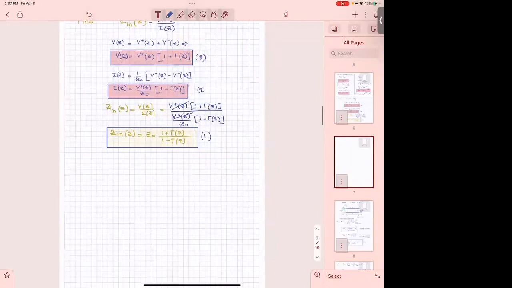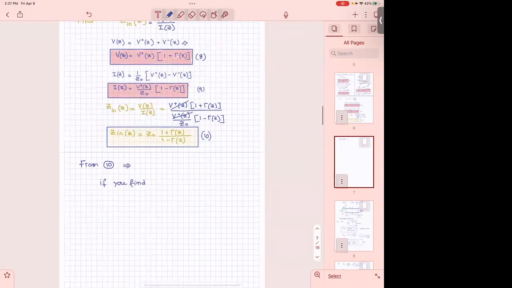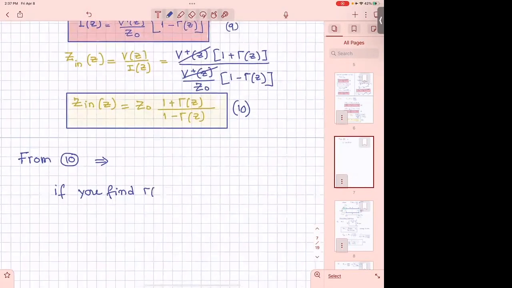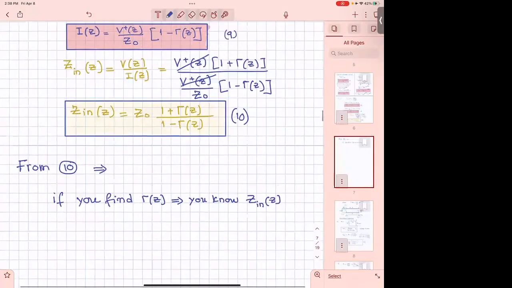So from 10, you know that if you find gamma of z, then you know z input of z. That's from 10.